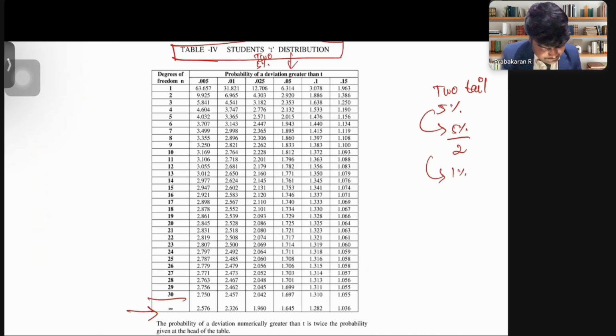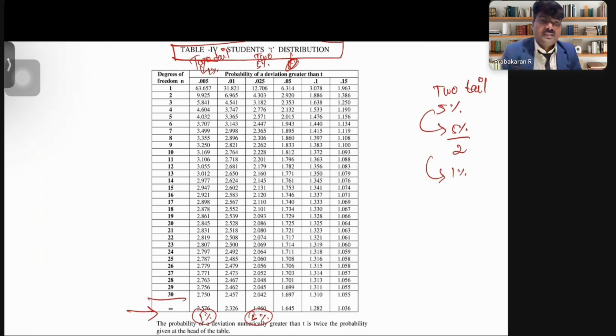Likewise, in the two tail test, 1% is 0.005. Sorry, this is two tail, but the percentage is 1%. This is 5% in the two tail.